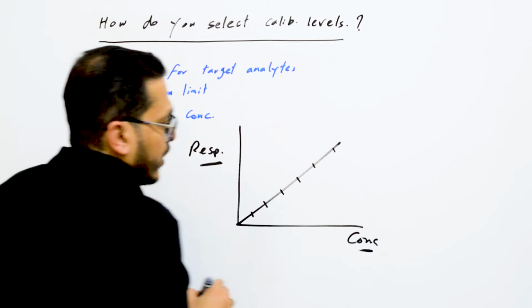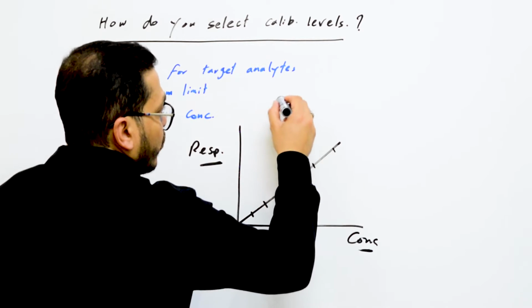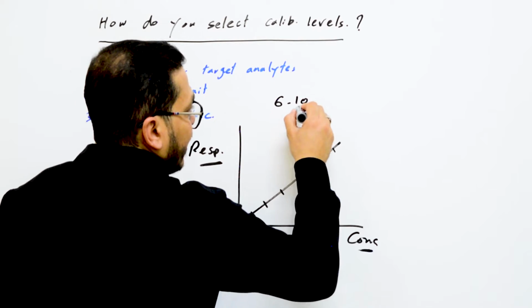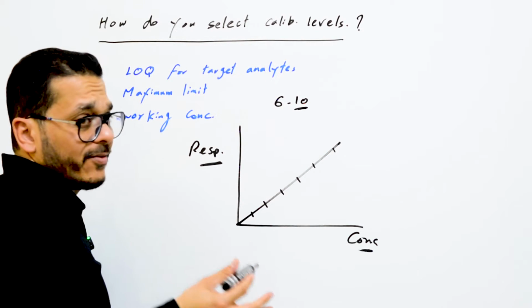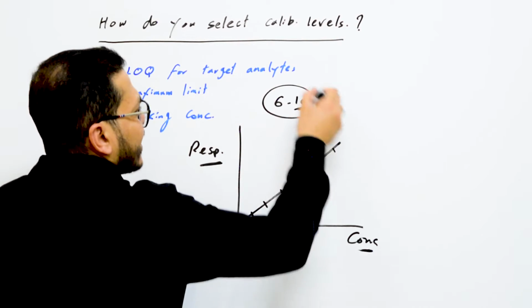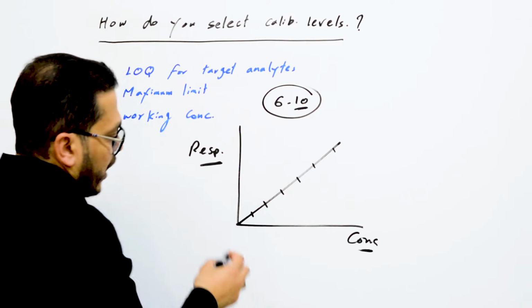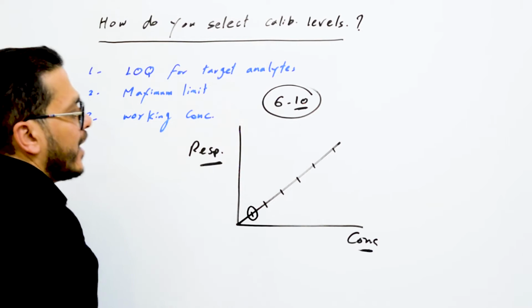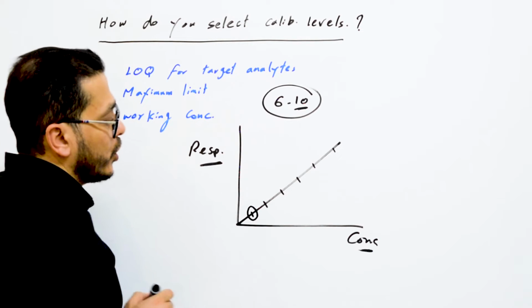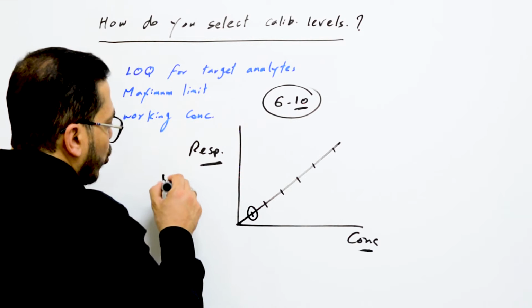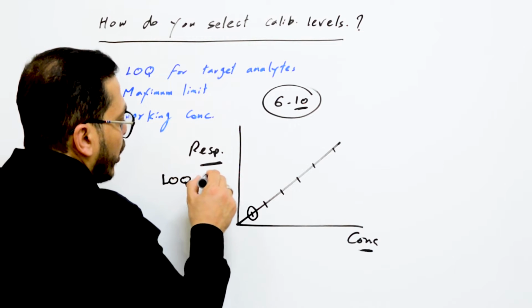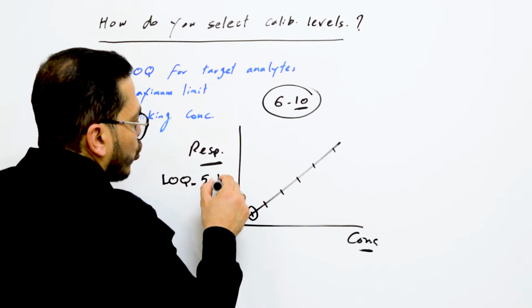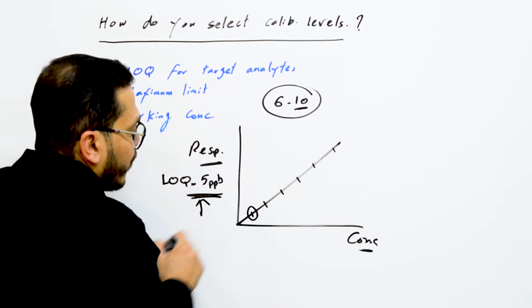As I said in the previous lecture, you should have from 6 to 10 calibration levels. You can have fewer than this number, but this is the standard, and it is better for you. The first point should be lower than the limit of quantitation of your target analytes. As an example, if the LOQ of your target analyte equals 5 ppb, you should have 1 point before 5 ppb.